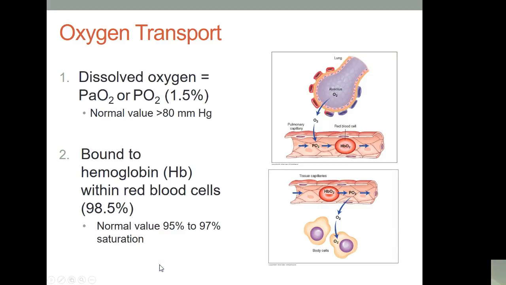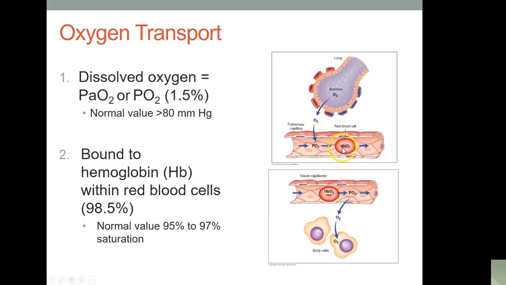Okay, let's talk about oxygen transport in the blood. So something I was kind of alluding to was oxygen being bound to hemoglobin, and I was calling that saturation. So most oxygen in the blood binds to hemoglobin within the red blood cells. We see about 98.5% of the oxygen carried in the blood is carried bound to hemoglobin.